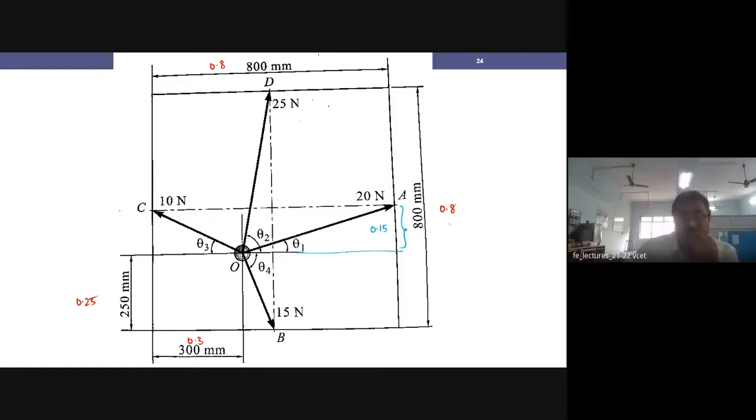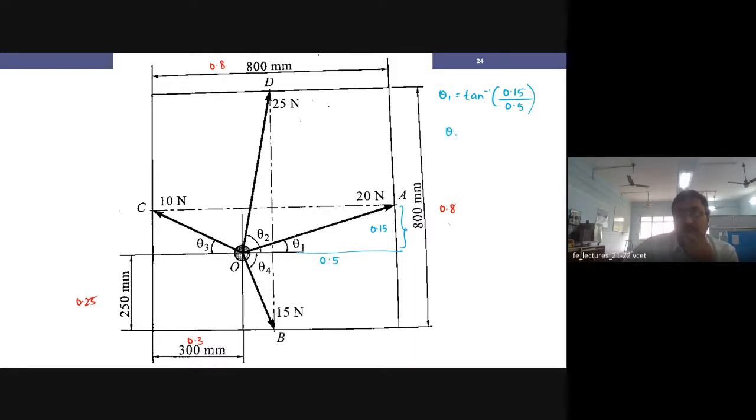And what will be the horizontal distance for the angle theta 1? This total length is 0.8, and from O it is at a distance of 0.3, right? So 0.8 minus 0.3, this distance will be 0.5. So theta 1 is equal to tan inverse of 0.15 divided by 0.5.